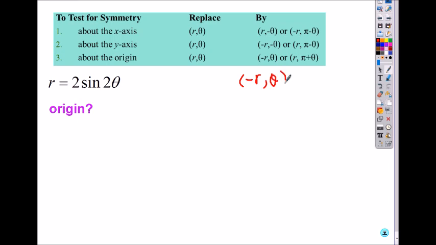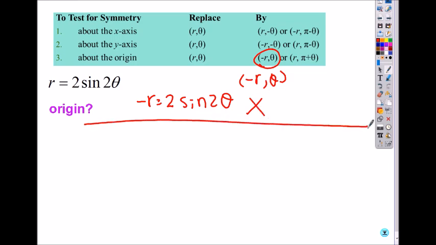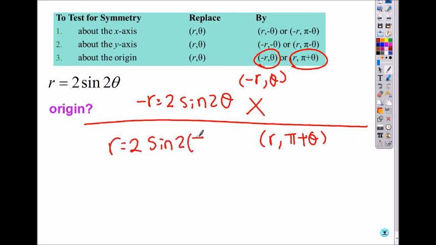Negative r comma theta, let's try this one first. So negative r equals 2 sine of 2 theta. Obviously, they're not the same. So now you try the next one: r comma pi plus theta. So it is r equals 2 sine of 2 times pi plus theta. Double parentheses. So r equals 2 sine of 2 pi plus, when you distribute, 2 theta.